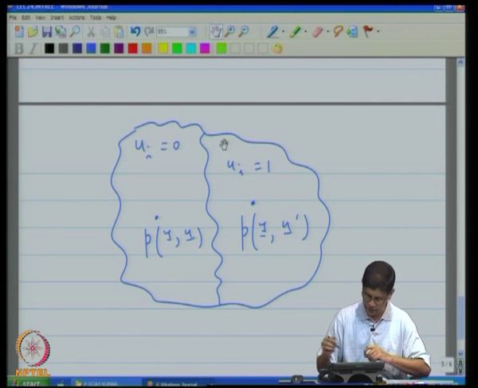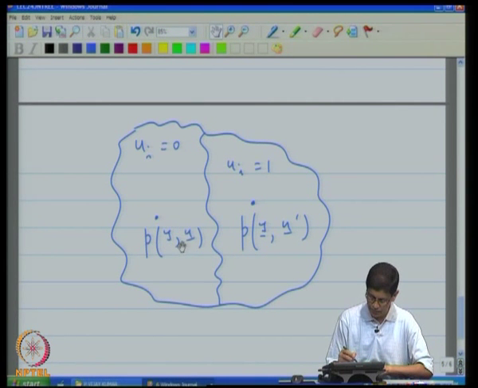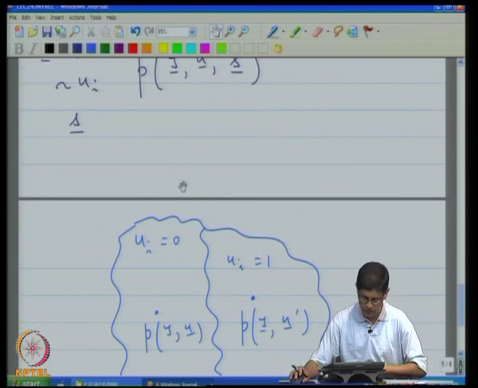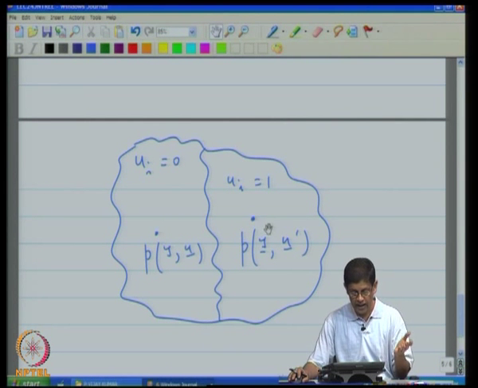When you were trying to decide between 0 and 1, you were looking at all these values, taking the largest value here and the largest value here, listing them under 0 and 1, and choosing 0 or 1 according to which was larger.